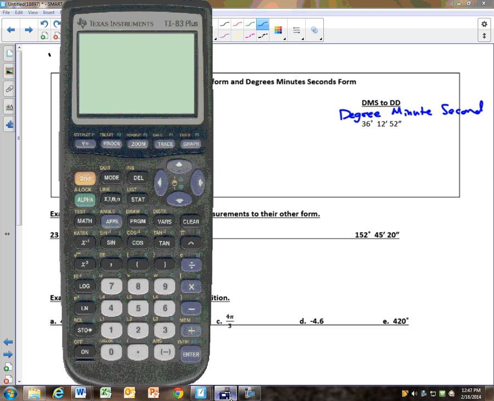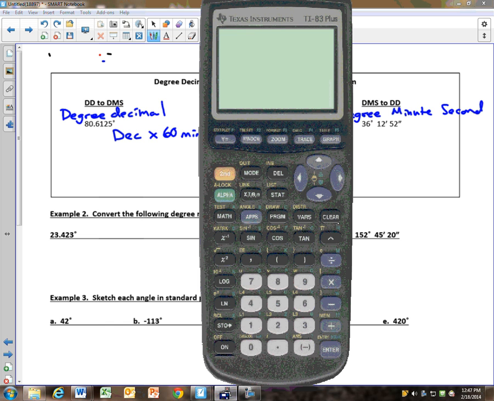So I take my calculator, and I take 0.6125 times 60. I get 36.75. So we just figured out how many minutes.